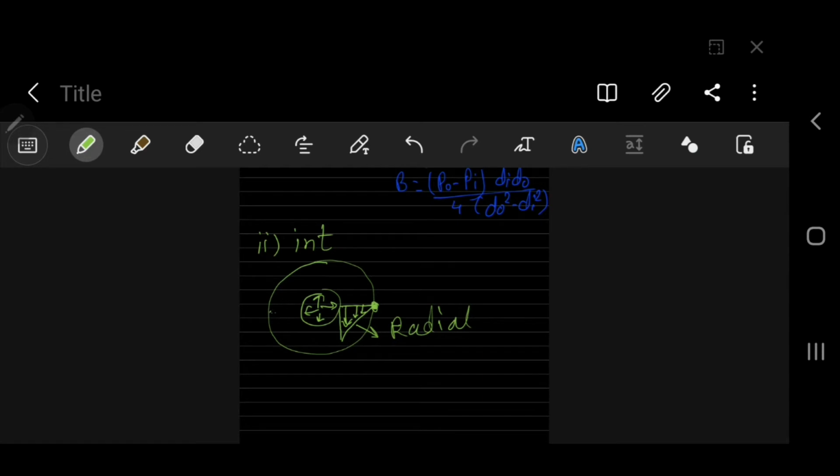The magnitude of circumferential stress will be maximum at the inner side, and it will be minimum, not zero, at the outer side, and it will increase as we move towards the inside or towards the center. Only this much we have to remember.